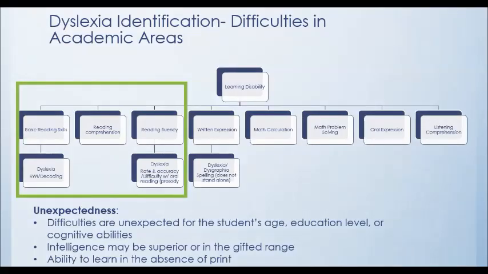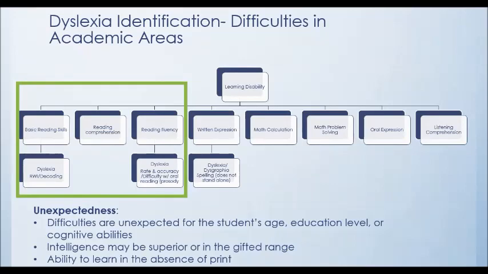A specific learning disability is comprised of 8 different areas, which are basic reading skills, reading comprehension, reading fluency, written expression, math calculation, math problem solving, oral expression, and listening comprehension. However, I've denoted here the areas that will affect your dyslexia identification. As noted in the previous slide, it was indicated your basic reading skills. In your basic reading skills, we are looking at the problem areas of reading words in isolation and decoding.